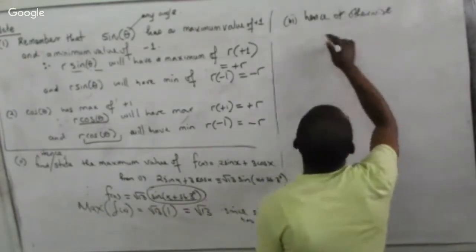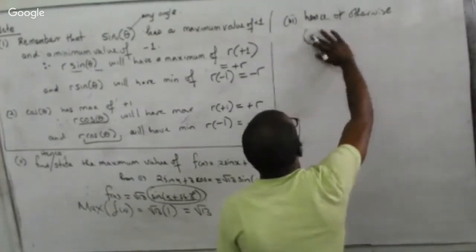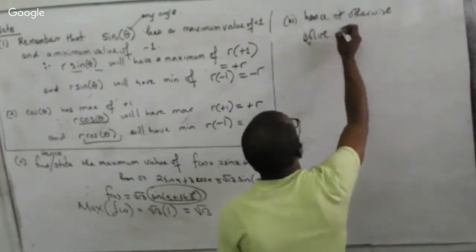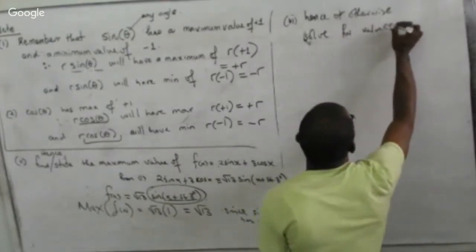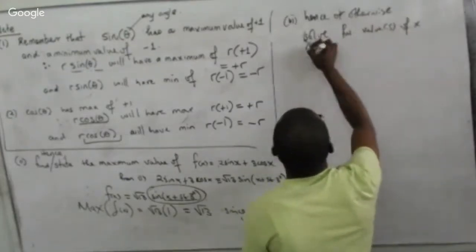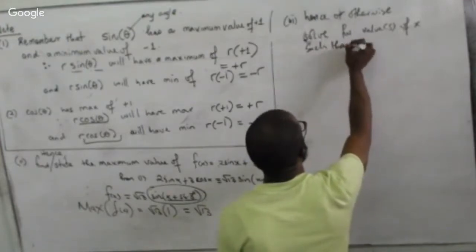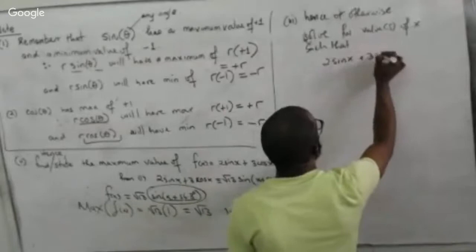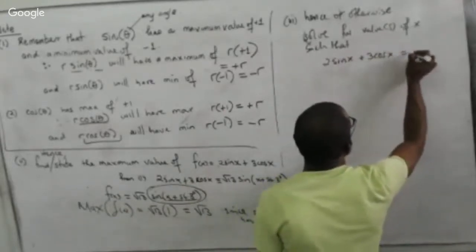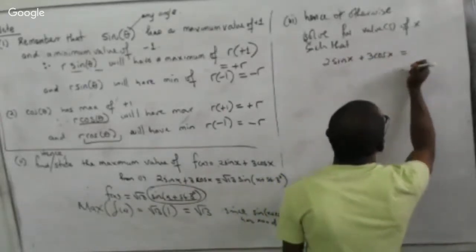Hence or otherwise, solve for the value or values of x such that 2 sine x plus 3 cosine x is equal to, what did I say it was?